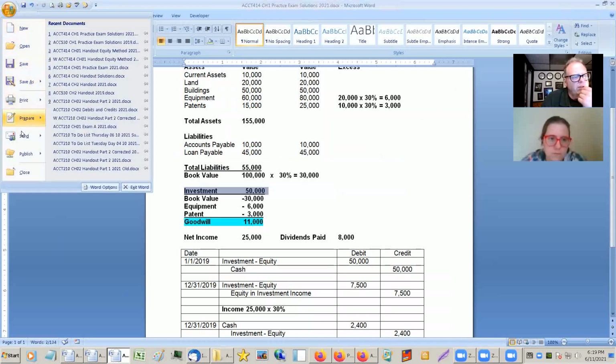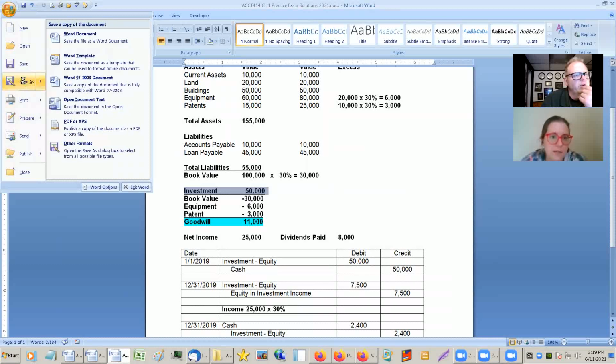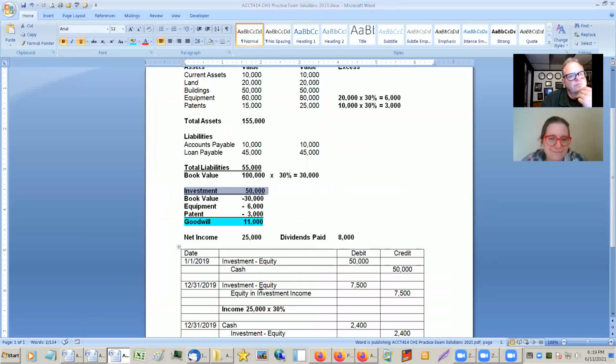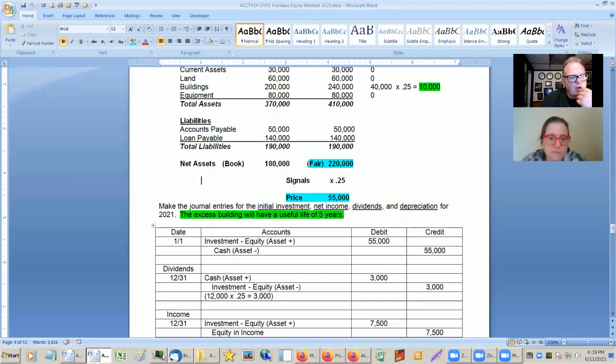Do you want it in PDF? Yeah, PDF is fine. Put it in both.